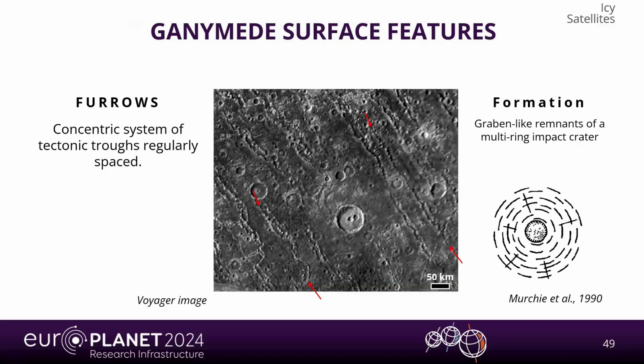Furrows are fragments of troughs that are regularly spaced and arranged with a radial or circumferential setting. And such structures represent the remnants of an old multi-ring impact basin that produced such circumferential sets of structures.